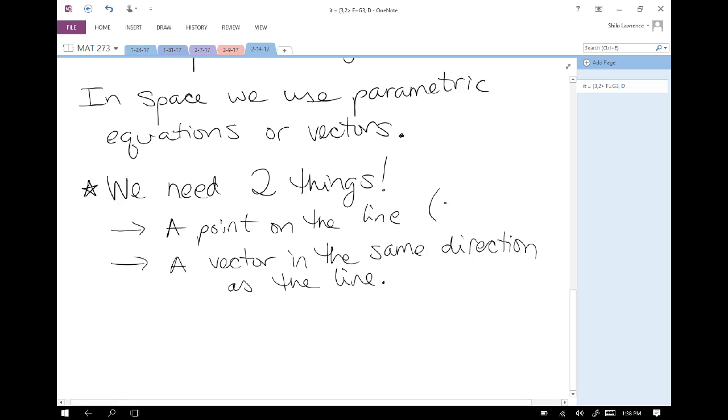The point I'm going to call x sub 0, y sub 0, z sub 0. And the vector I'm going to call vector v, and it has components a, b, c. We call this vector the direction vector.